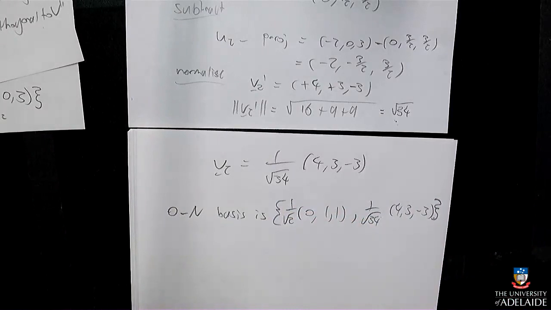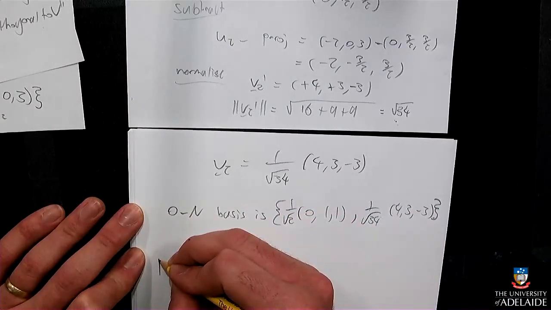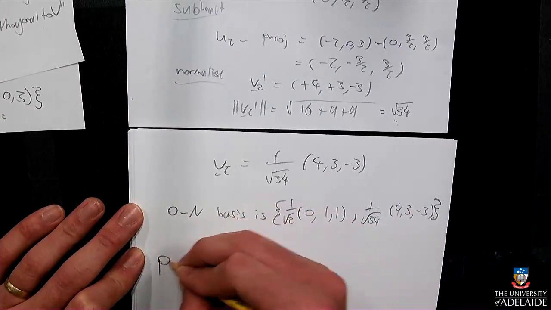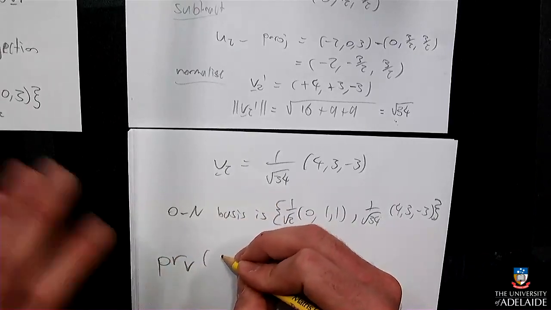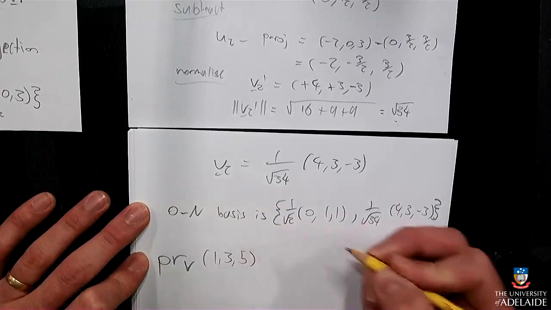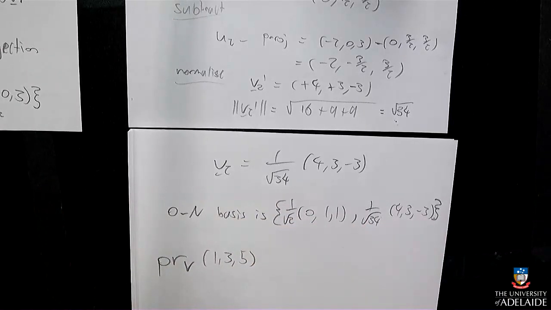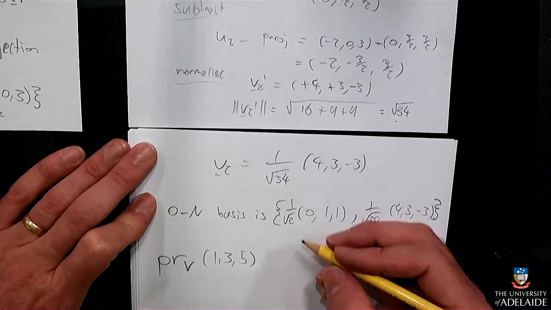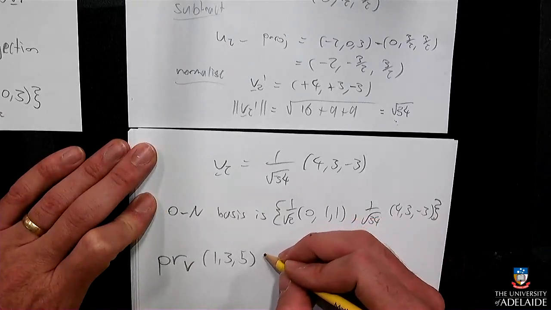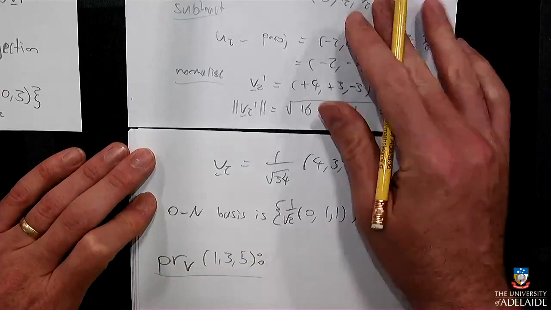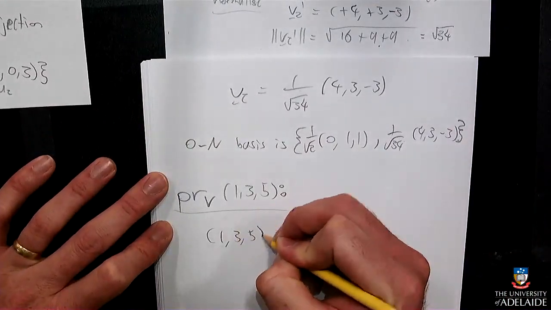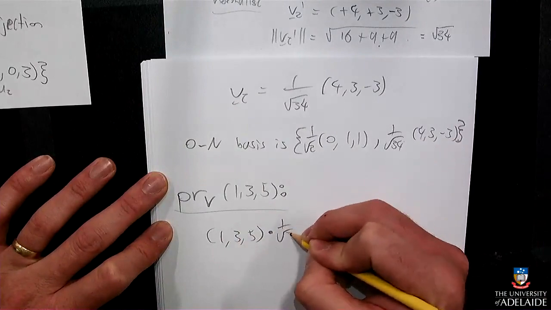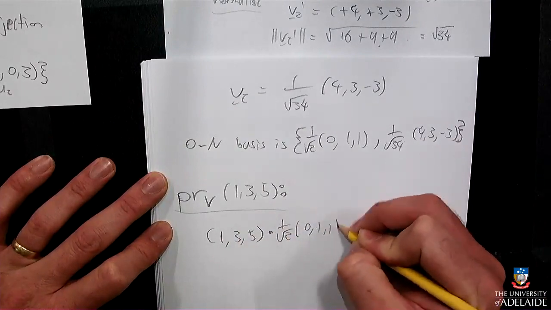And so step 2 is to actually do the projection. The projection onto V of the vector I first thought of, which was 1, 3, 5, will be the various dot products, right? I'm not going to actually do an equal sign yet. I'm just going to do some calculations. 135 times 1 on root 2, 0, 1, 1.